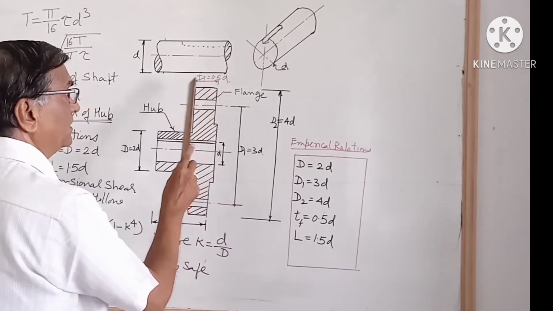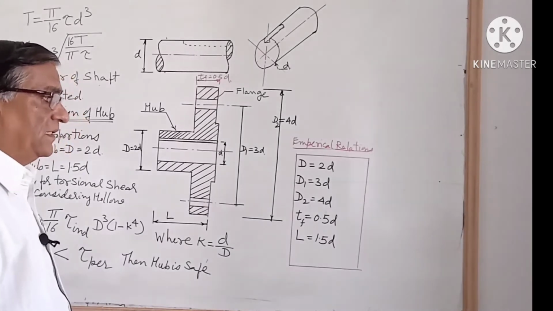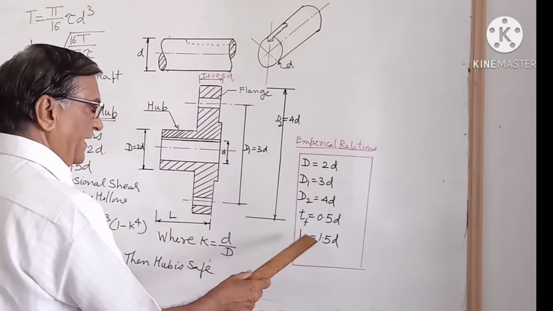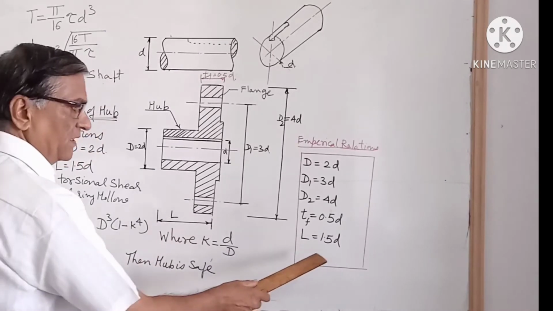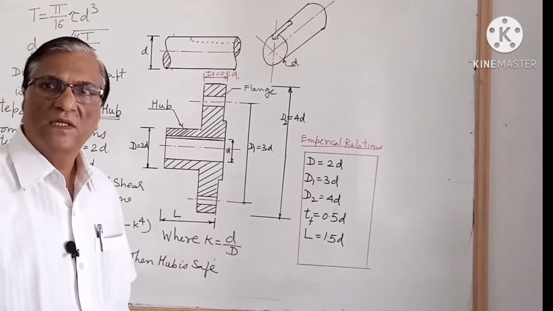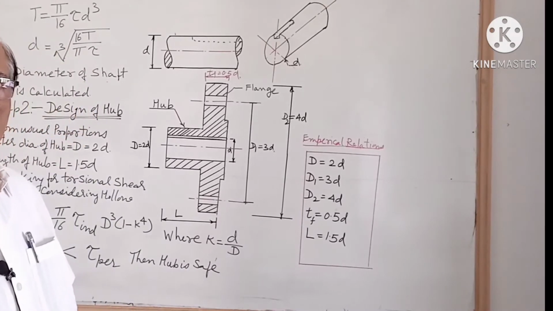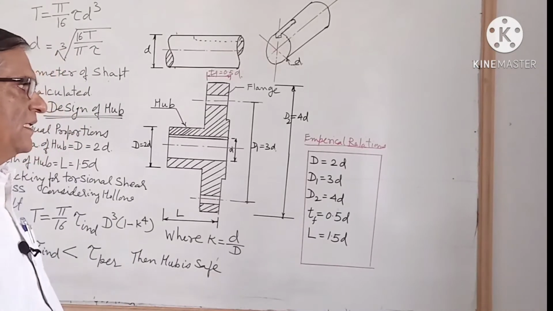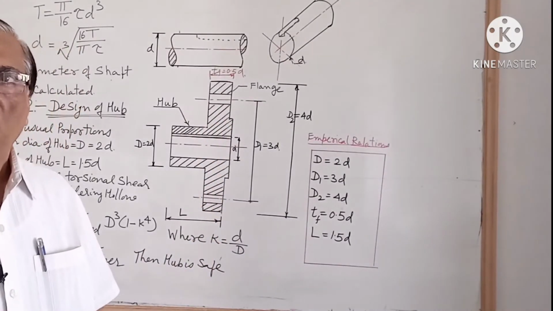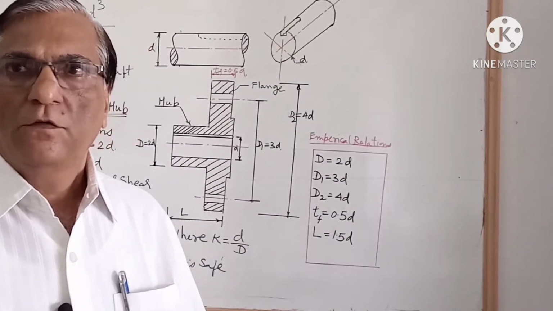Tf, thickness of flange, is taken as 0.5 times the diameter of the shaft. Length of the hub is taken as 1.5 times the diameter of the shaft. These are the empirical relations used for finding out the dimensions of the hub and flange.